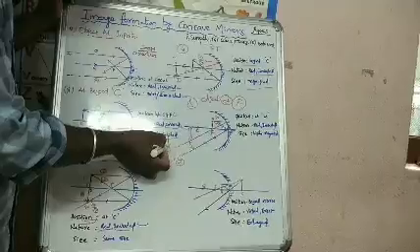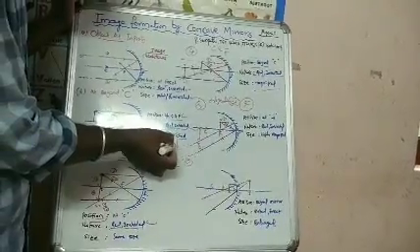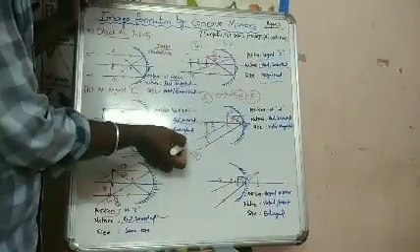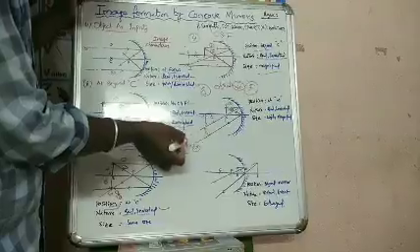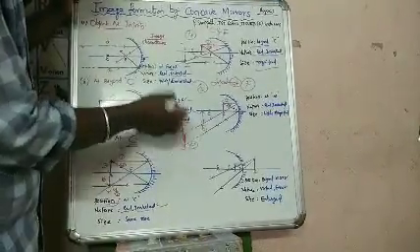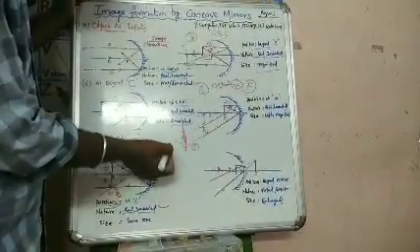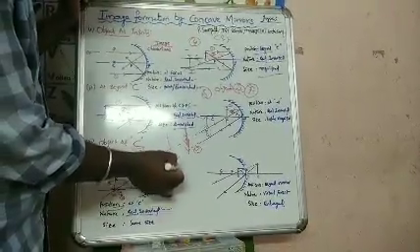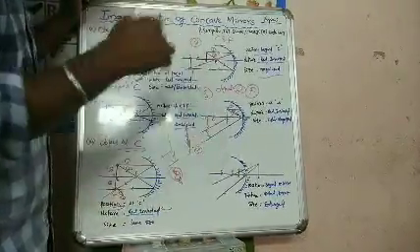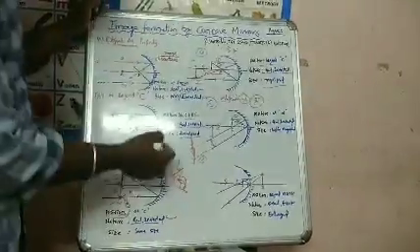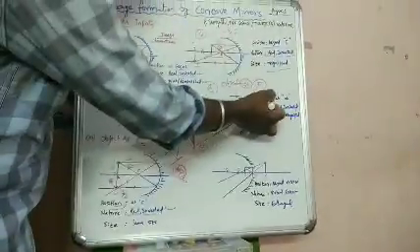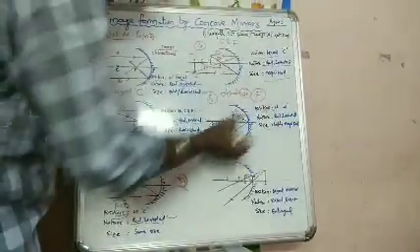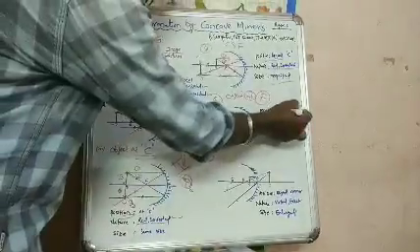Suppose the rays intersect at this point, it is highly magnified. We don't know where it is magnified. That's why this is at infinity distance. At infinity distance, they may intersect. That's why the position of the image is at infinity.